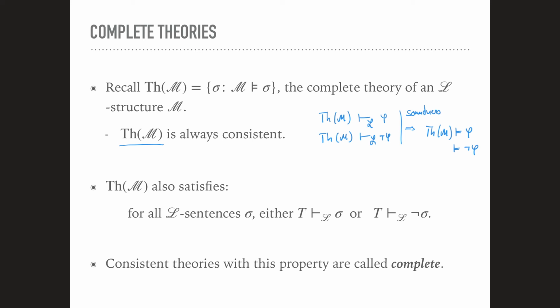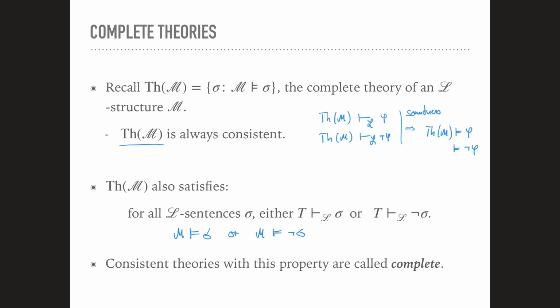So whenever I have a sentence sigma, it is true that either M satisfies sigma, or if it doesn't satisfy sigma, because it's a sentence, it has to satisfy the negation of sigma. So we know that for every sentence sigma, either M satisfies sigma or M satisfies not sigma.